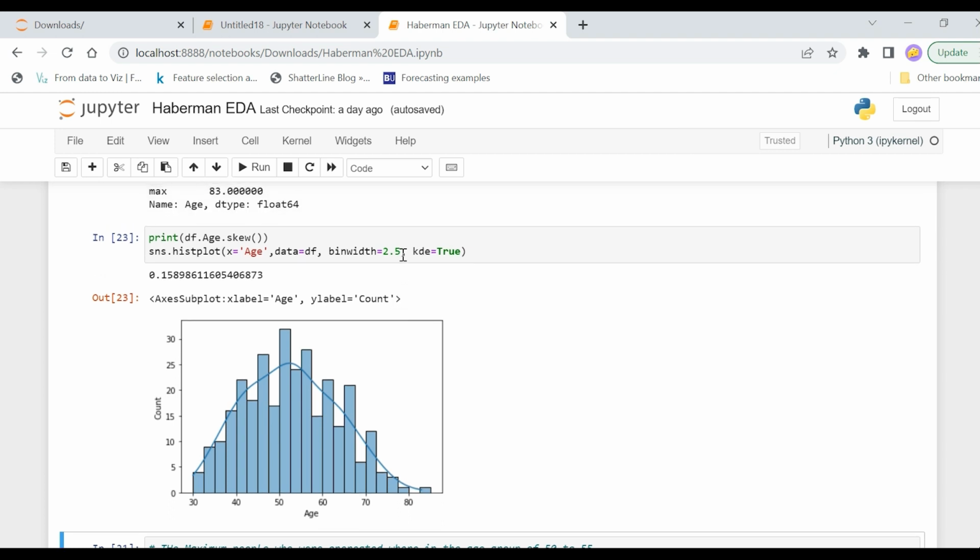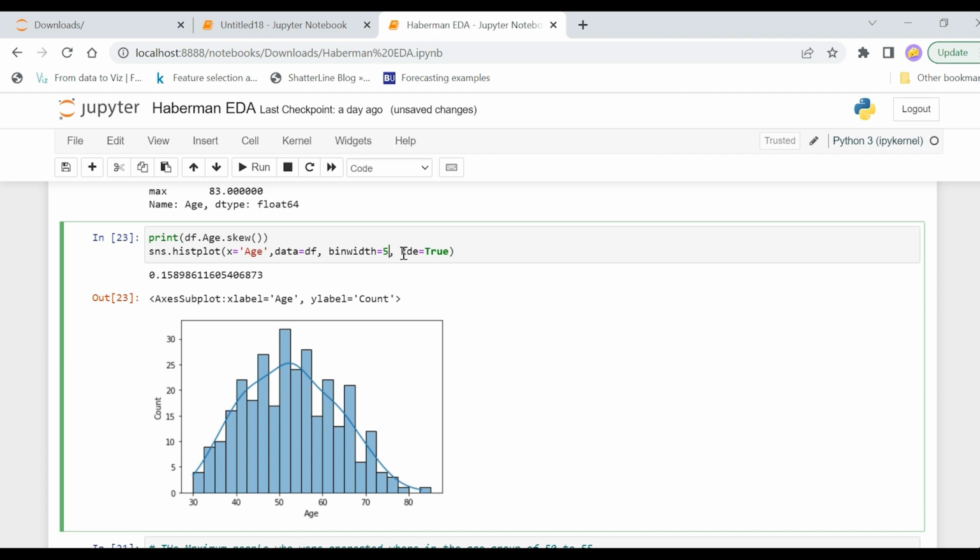But you do not have to go very low in bin width, because then the data may overfit. You won't be able to get the proper pattern. Like you would say that a person who is aged 52 will have this kind of survival. We don't need that particular age, we need some ranges.